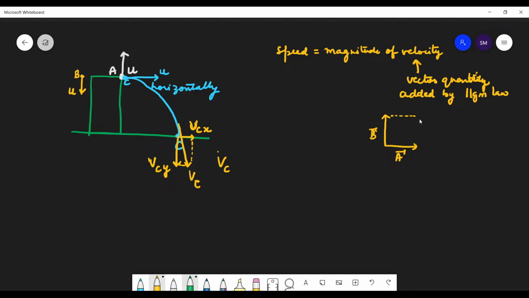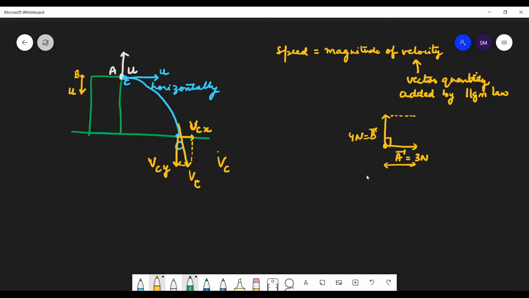So how will you add it? Suppose this is a force 3 newtons, and this is also force 4 Newton acting on the particle. So we have a particle over here, and I apply 3 Newton in this direction and 4 Newton in this direction. You can say it is being pulled by 3 Newton force in this direction and 4 Newton force in this direction.